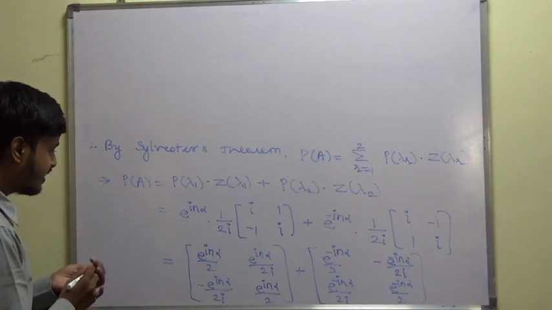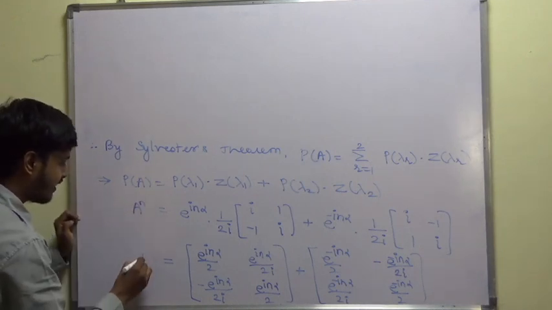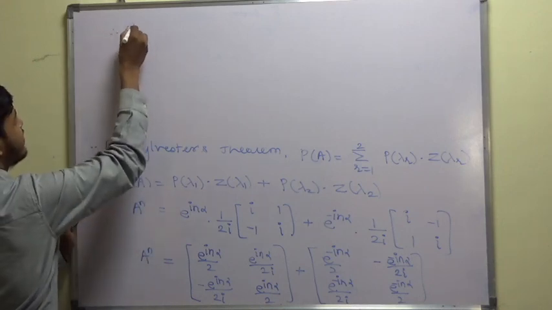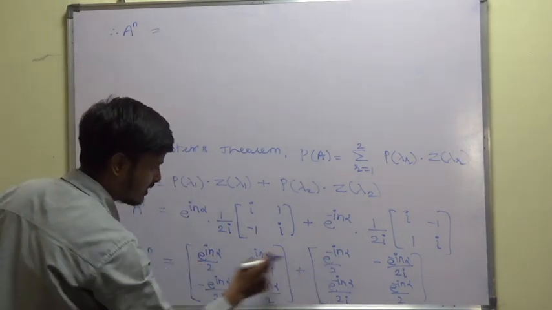So what is in the left hand side? P of A. What is P of A? P of A is A to the power n. So we are coming in the new page, so we must have A on the left hand side, A to the power n is equal to, now add this one.